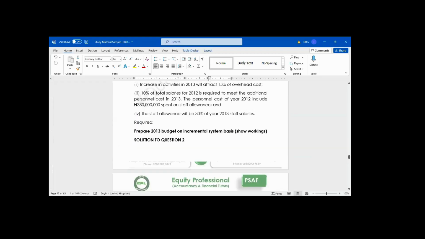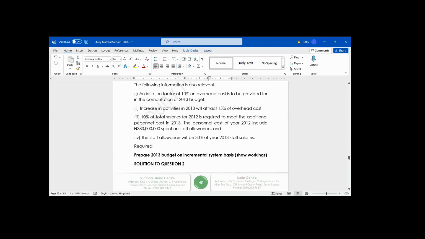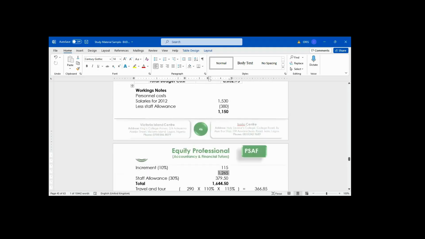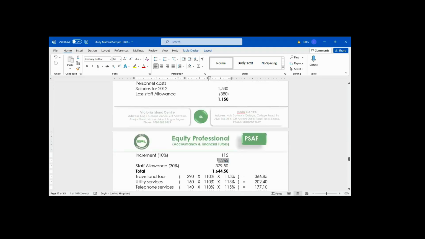In the question, we are told that in note 4, staff allowance will be 30% of the year 2013 staff salary. What this means is that 2013, this is the personnel cost, excluding staff allowance.